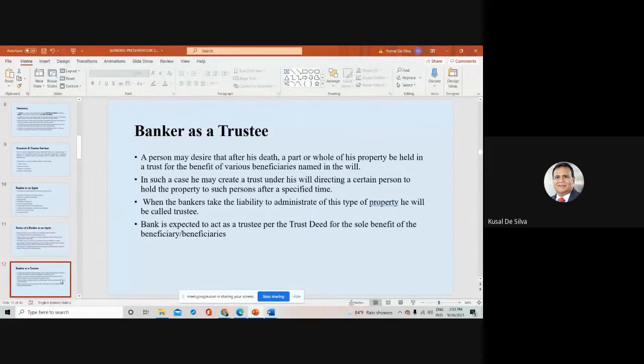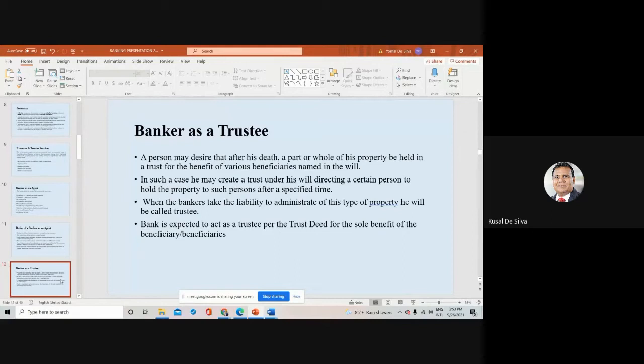But at the same time, I can also write a last will, and after my death, I can specify in the last will who are the beneficiaries of the properties that I own, and then the bank can be nominated as the trustee.